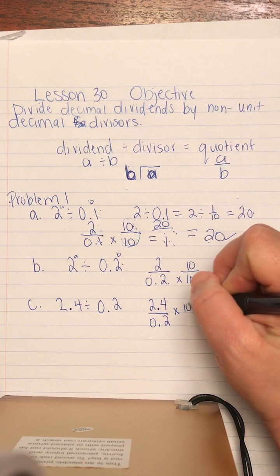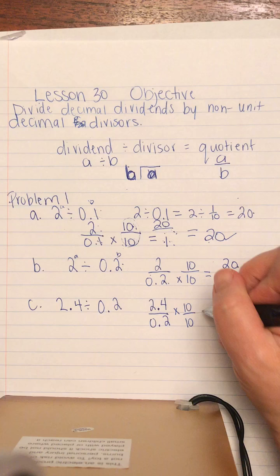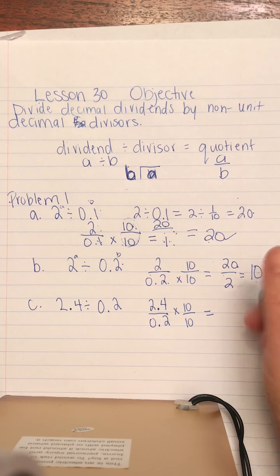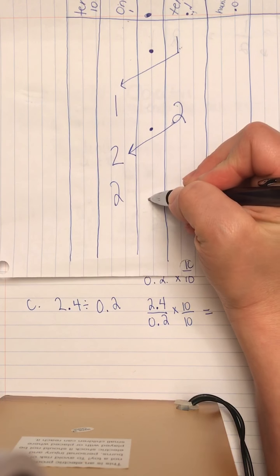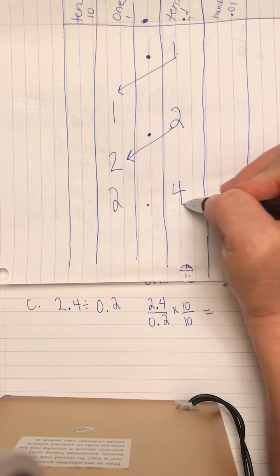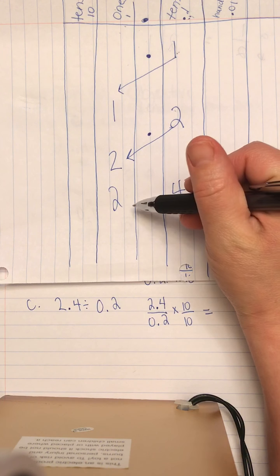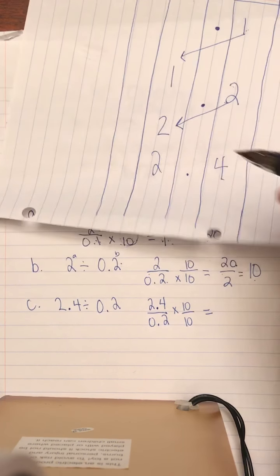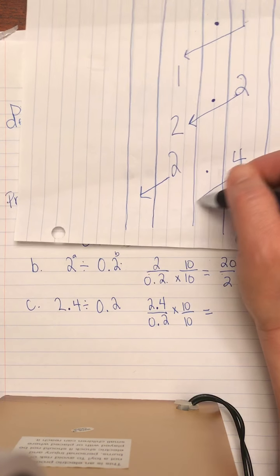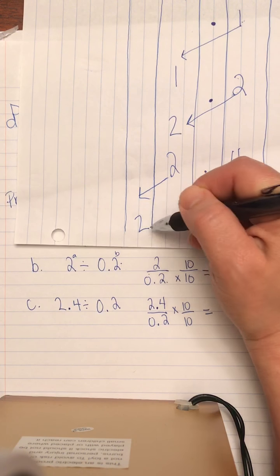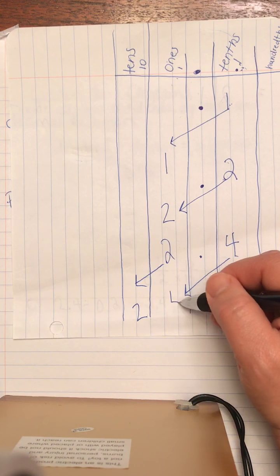So multiply by 10 over 10, or just 1 whole really. And when I do that, I had 2.4. So not only am I going to shift my denominator, but I've got to figure out this numerator as well. So when I multiply by 10, everything shifts one row. So my 2 would be here in the tens, and my 4 would be here in the ones.